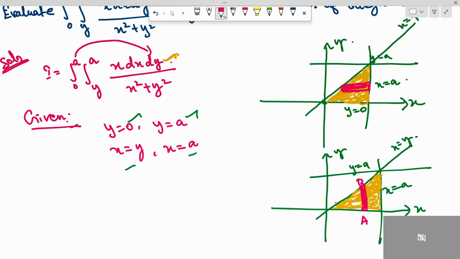Before we calculate the limits, we need to find the intersection points, the origin. Here this one is the x is equal to a line, y is equal to a line, which is the point a comma a. Here the strip direction is perpendicular to the x axis, which means the x limits are constant. Now we are going to calculate the x limits first.